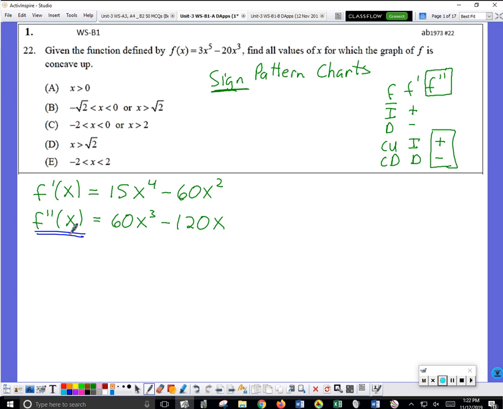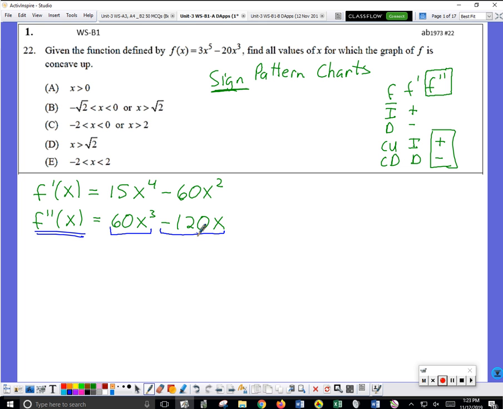You cannot make a sine pattern chart with these two terms. It will not work. So I can't break up f double prime into terms. Don't ever try to make a sine pattern chart with these two terms of f double prime. It will not work.